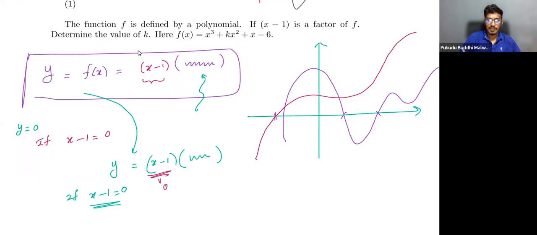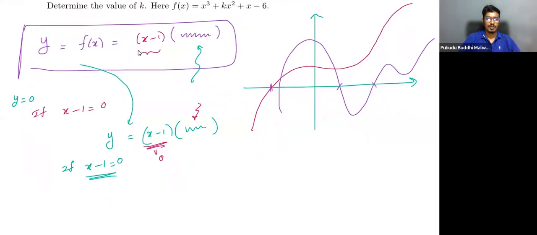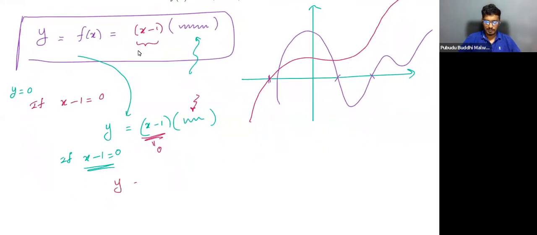Hence, the entire function will equal 0. Because it doesn't really matter what's the value that we have inside this bracket. If x minus 1 equals 0, 0 times any quantity equals 0. Hence, y equals 0. That's the idea.